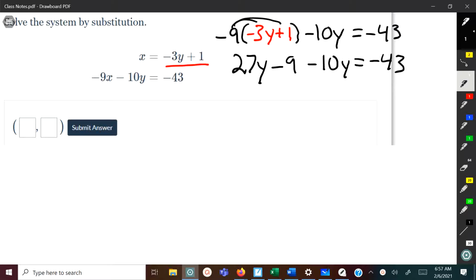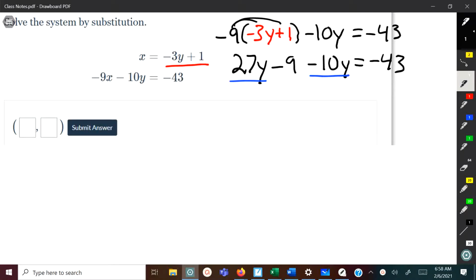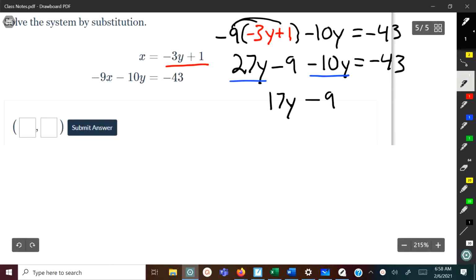Okay, next, I'm going to go ahead and combine like terms. Alright, since I have different signs, I find the difference. 27 minus 10 is 17. Bring down the negative 9.